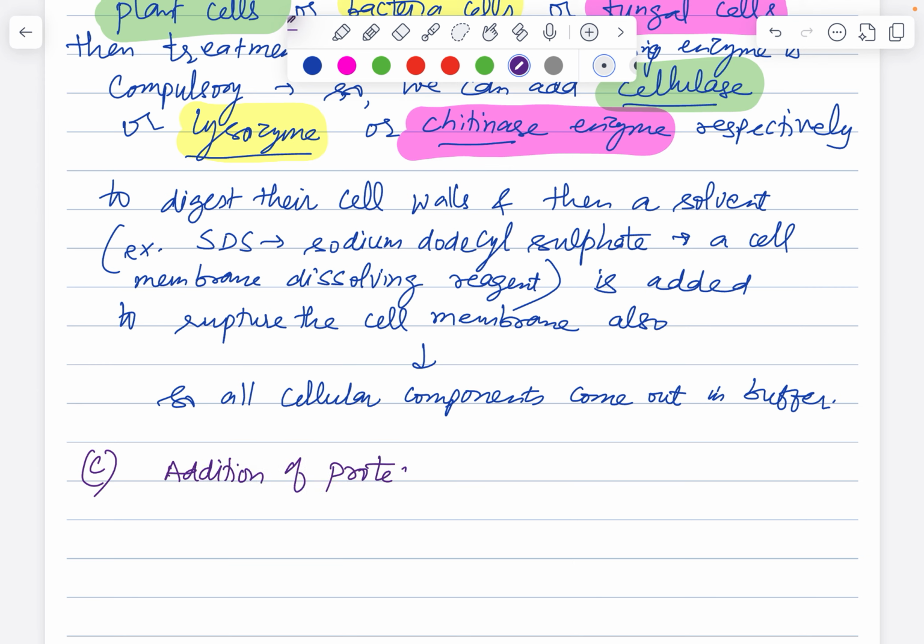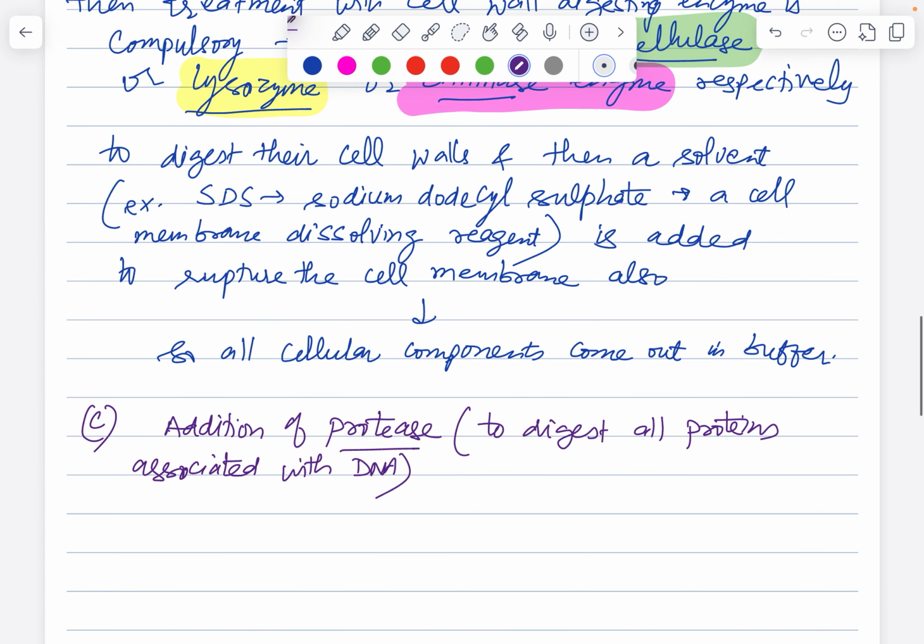So in the same test tube, we need to add proteases. Proteases will help us to digest all the proteins associated with DNA. And DNA is not the only nucleic acid in the cell.